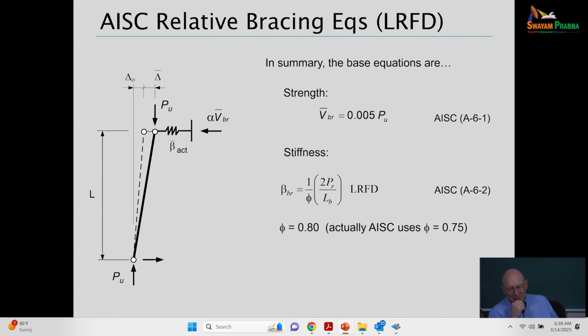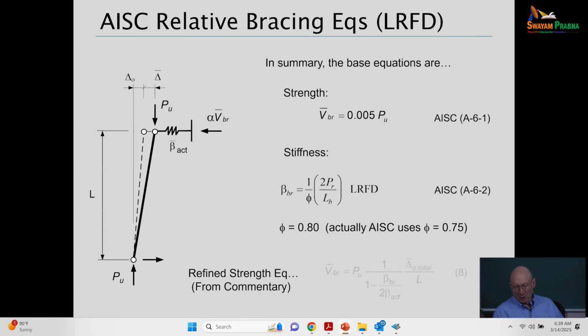For stiffness, the requirement is that we need 2 times the ideal bracing, so that's PR over L or PU over L, and then we divide by a phi factor. The one most consistent with the derivation I just gave you was phi of 0.8, but AISC actually uses phi of 0.75.